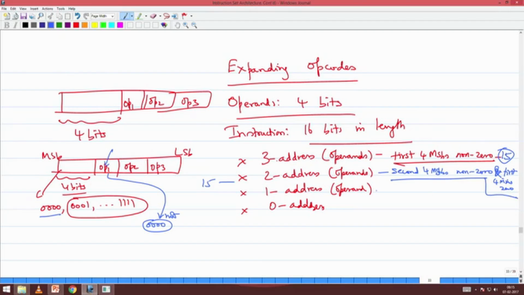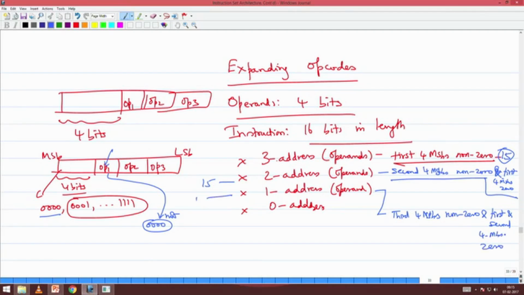Now the next, 1 address, is third 4 MSBs non-zero and first and second 4 MSBs 0.